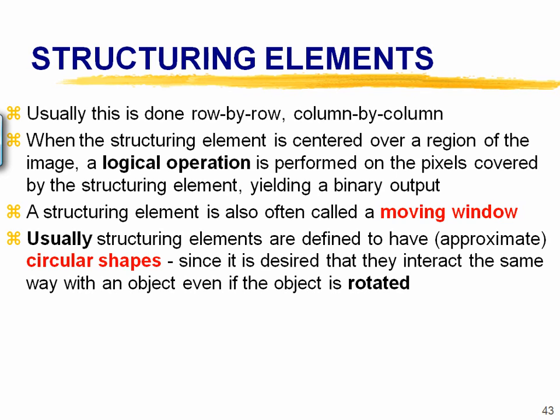In general, any structuring element that we use has to be moved across the entire image in order for us to perform that operation on the entire image. The movement of the structuring element is a pixel-by-pixel movement, independent of the size of the structuring element. That's the only way we can affect every pixel in our image by that particular operation.